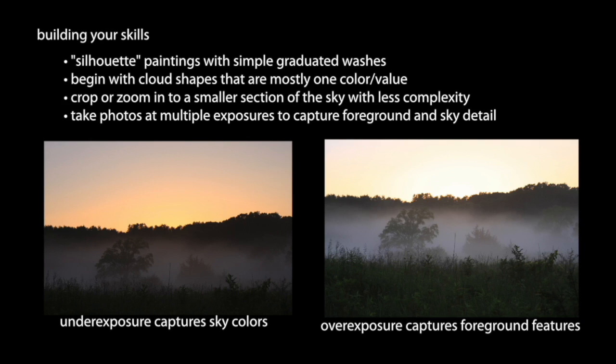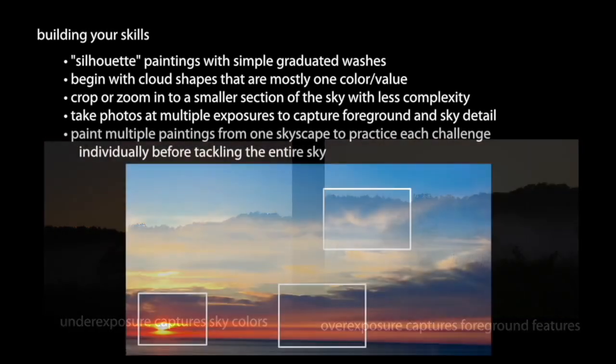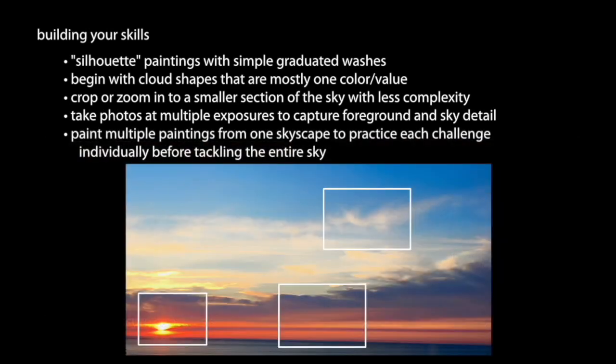If you don't know how to change the exposures on your camera or it's not possible, shoot one photograph that is almost entirely sky and one that is almost entirely foreground, and your camera will do some of that exposure changing for you.